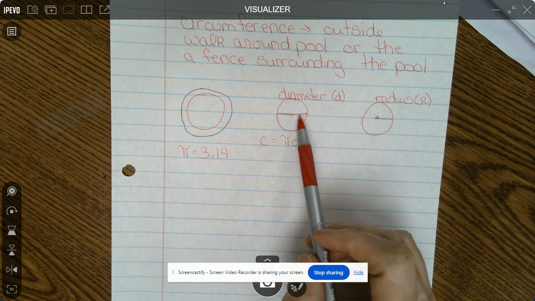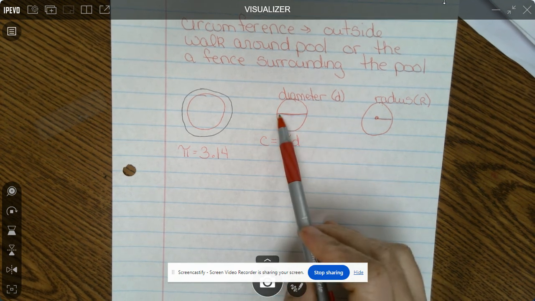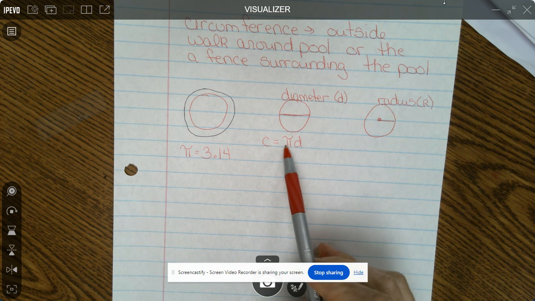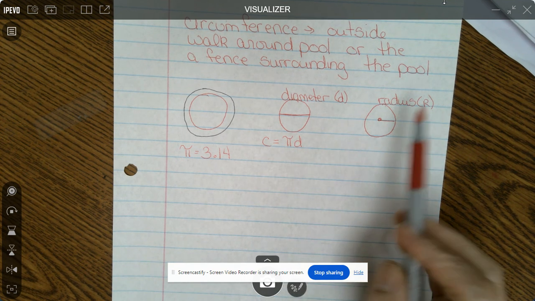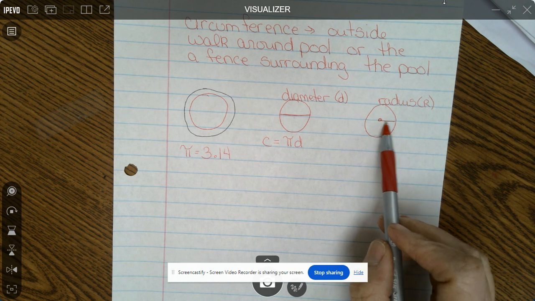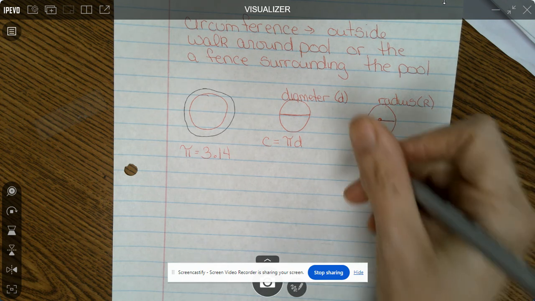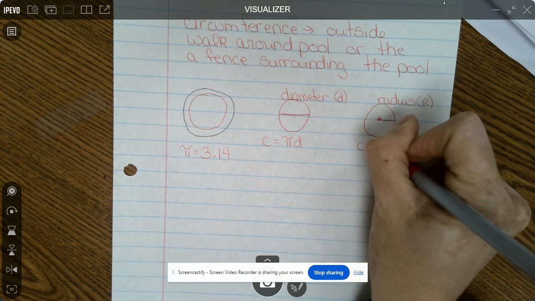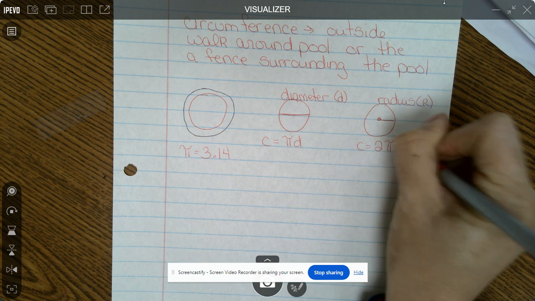All right. So to figure out the circumference, if you know the diameter, the whole way across, you do pi times the diameter. Now, if you're only given the radius, which is half the diameter, the circumference would equal 2 pi r.